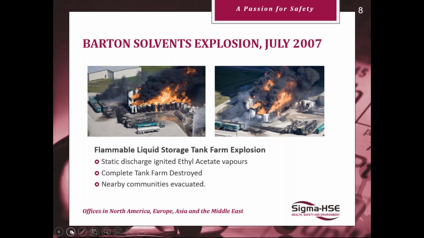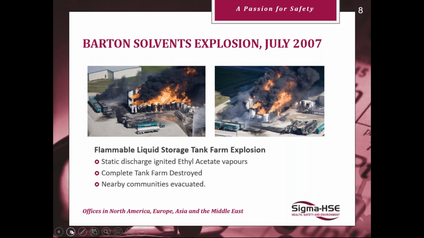The complete tank farm was destroyed, and nearby communities had pieces of tank farm embedded in their walls, on their roofs, and in their gardens. They had to evacuate the nearby communities as the fire intensity grew and the explosions grew in intensity.